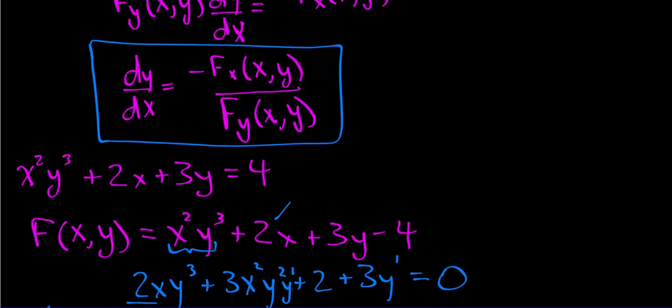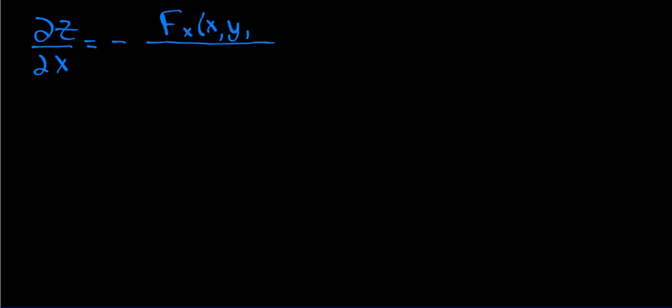Now we can also do the same thing if we have more than just x and y. In a similar way, we could show this. Let's suppose we want to find the partial of z with respect to x. Well, the numerator is going to be negative partial x of F(x,y,z) over partial z of F(x,y,z).